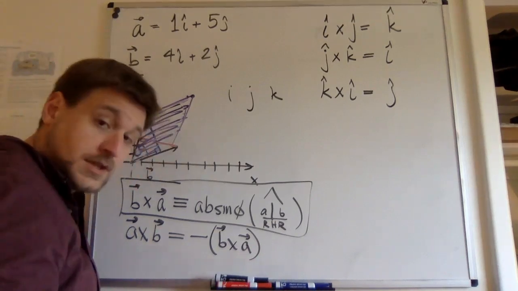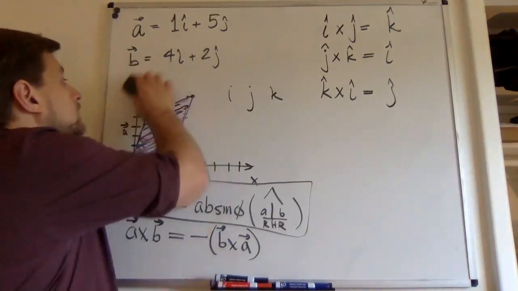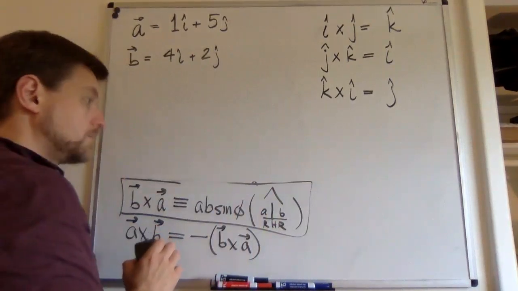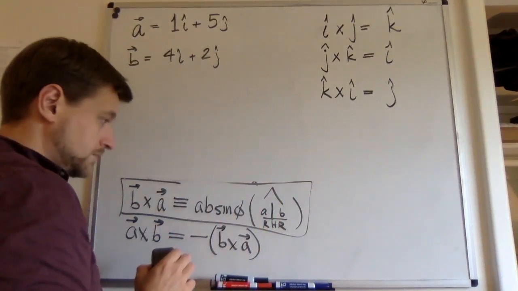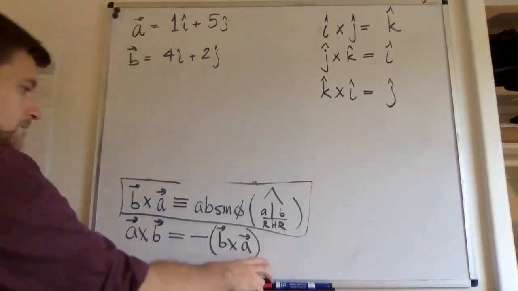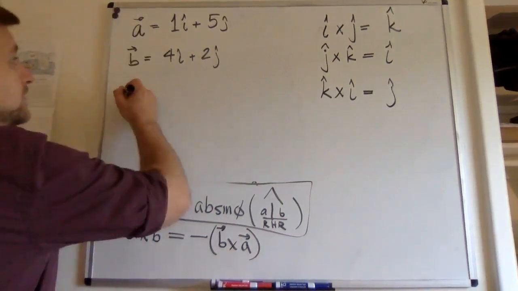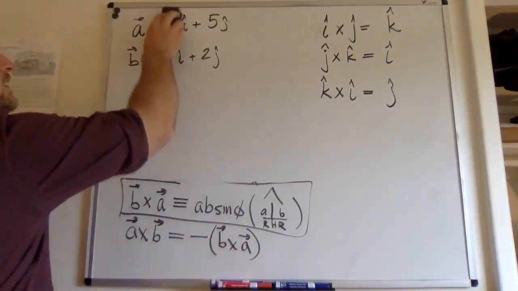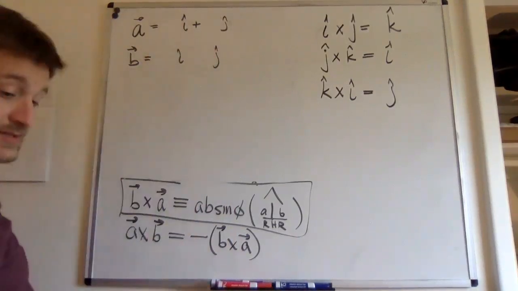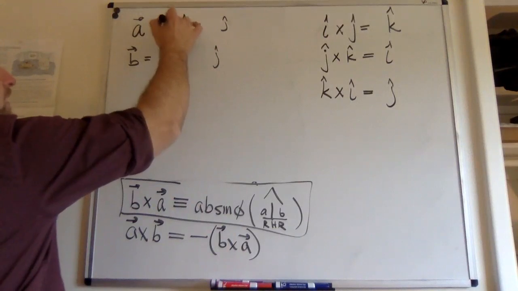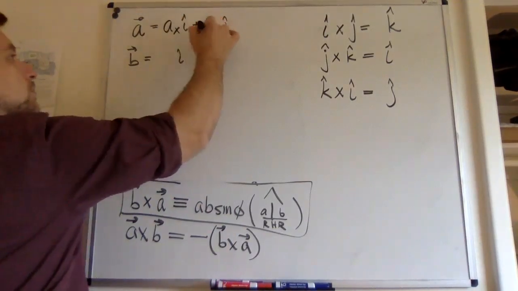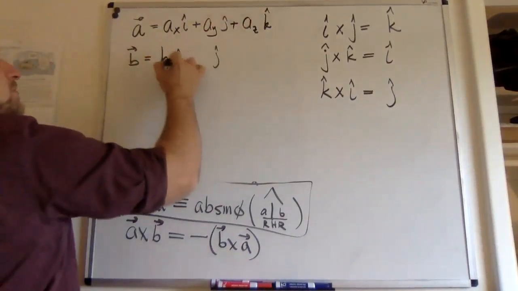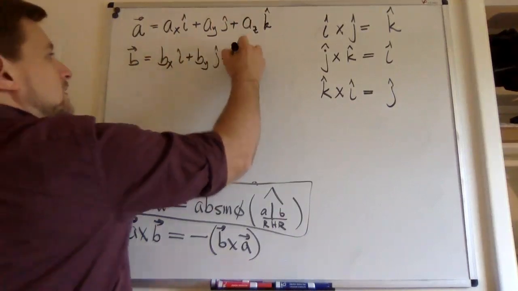Okay, you ready? Suppose that we have, for clarity, so that it's less confusing, believe it or not, this will be less confusing: A equals Ax i plus Ay j plus Az k, and B equals Bx i plus By j plus Bz k.